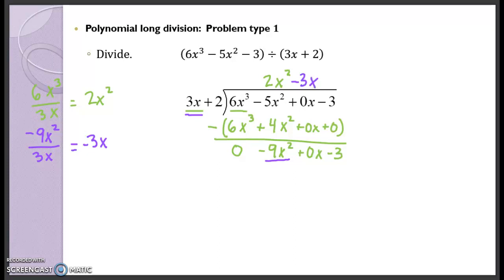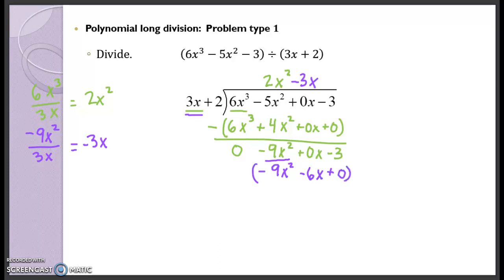Negative 3x times 3x is negative 9x squared, which is what we needed. Now this is why it's important to bring down our zeros and include the 0x. Negative 3x times 2 is a negative 6x. And then we don't have any constant term.